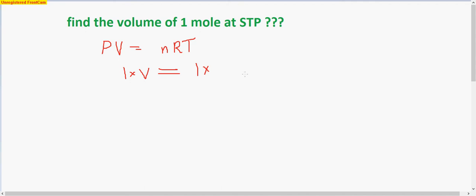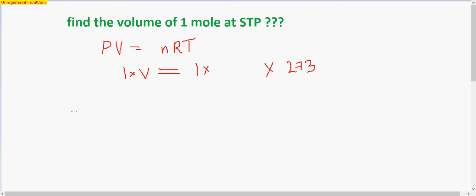How many Kelvin is 0 degrees Celsius? 273.15. Now what is the value of R when it is Kelvin, mole and atm? I've given it in the previous lectures. I hope you have noted it down. I'm not writing it again, it takes a lot of time. Let me check in my notes.